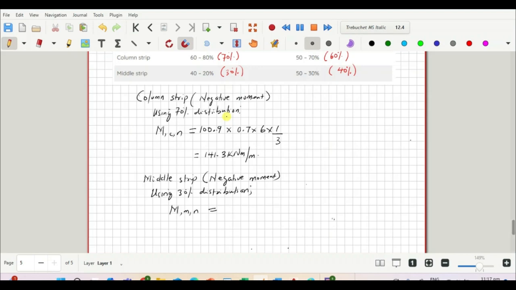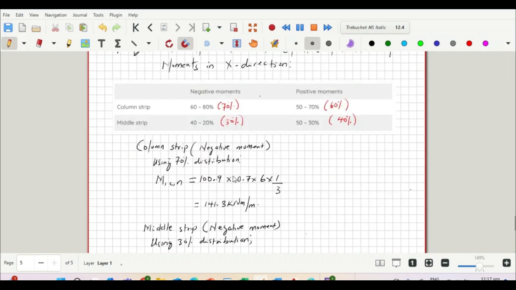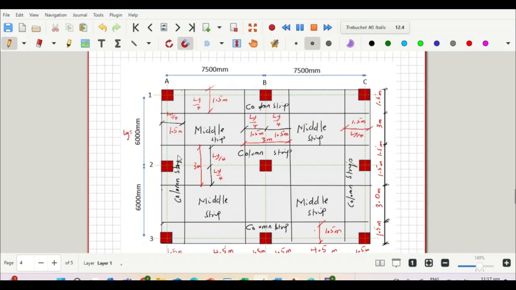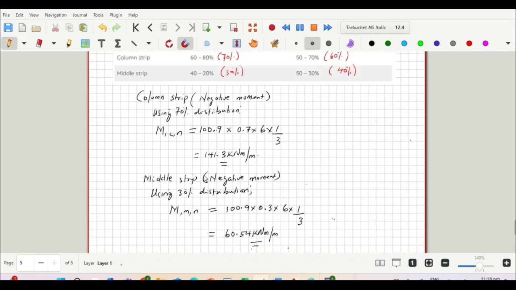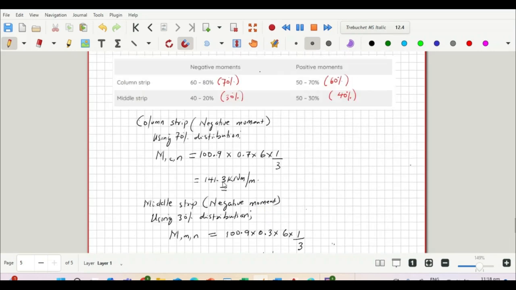That will be equal to the same negative moment, 100.9 multiplied by the percentage distribution, so 0.3 multiplied by the span, the ly, which is 6, multiplied by 1 on the width of the middle strip in the x direction, and that again is 3 meters. So if we work this out, we'll have a moment of 60.54 kilonewton meter.